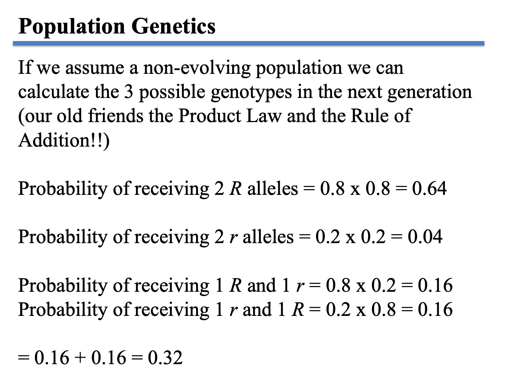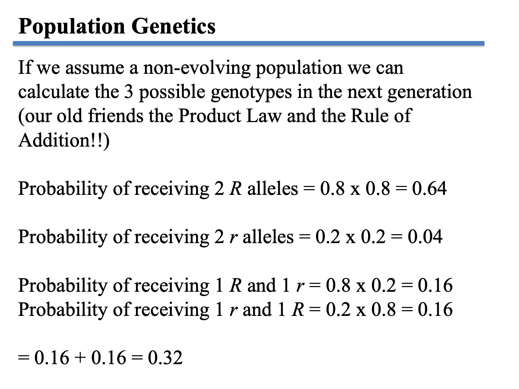We also calculated the recessive allele frequency as 0.2, which also means that 20% of the genes found in this particular population are represented by the white or recessive allele.